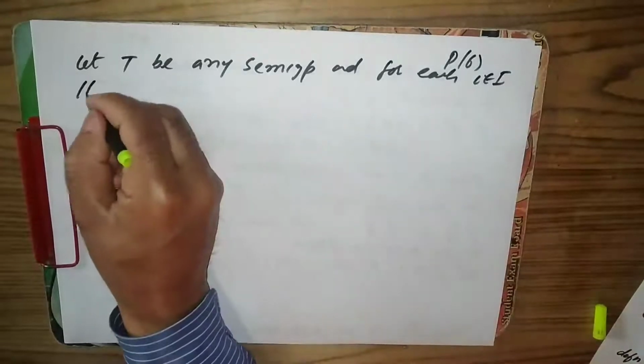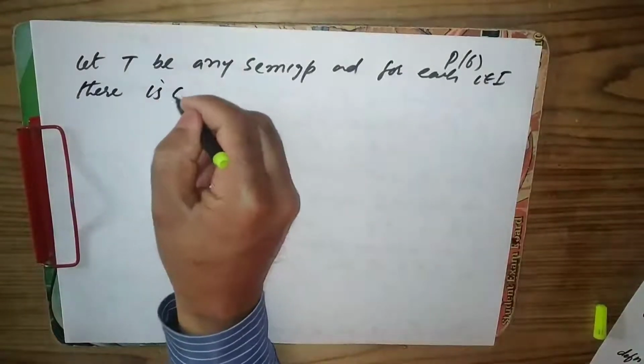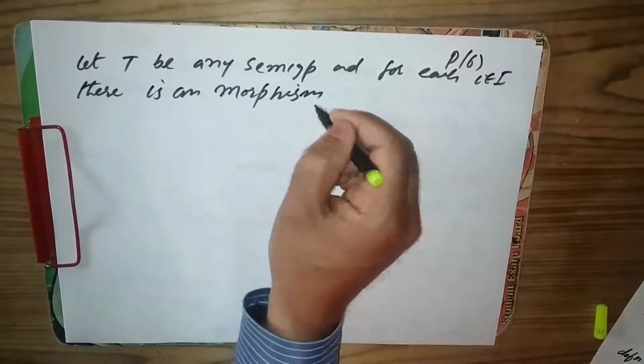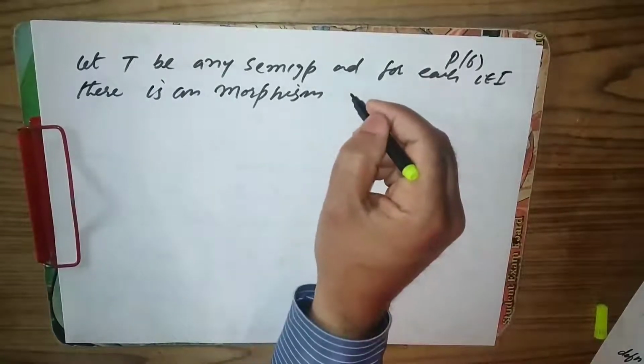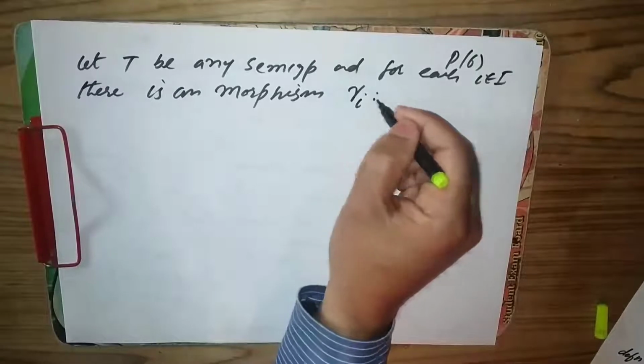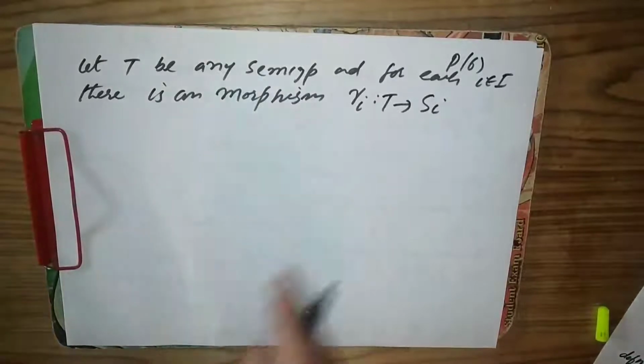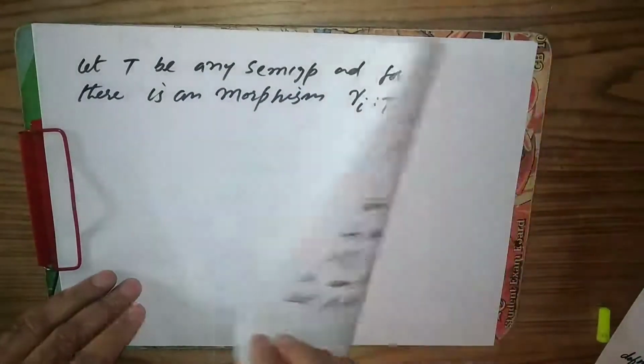and if for each i in I there is a morphism, say gamma i from T to Si, as there are morphisms from P to Si.